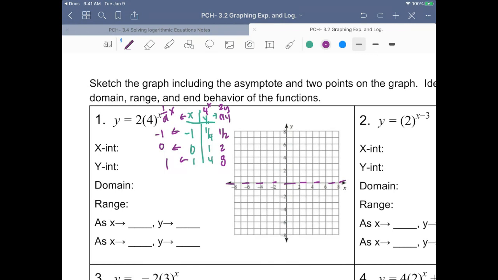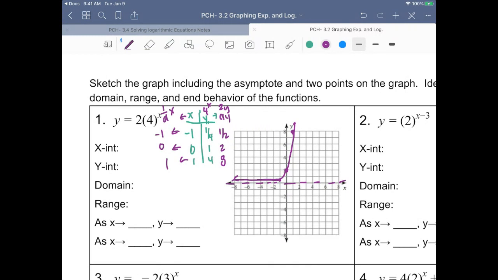And my new points are going to be 0, 2, and negative 1, 1/2, and 1/8. So a steeper graph here, getting closer to that horizontal asymptote. If I had an h and k value, I would go ahead and shift the whole graph now.